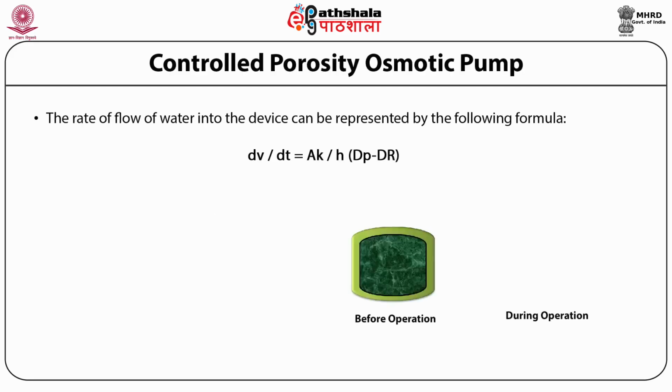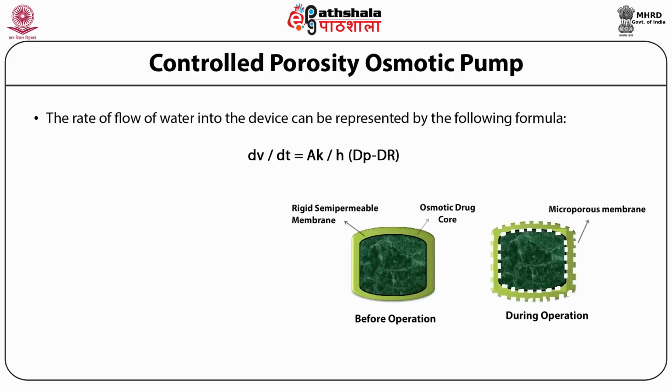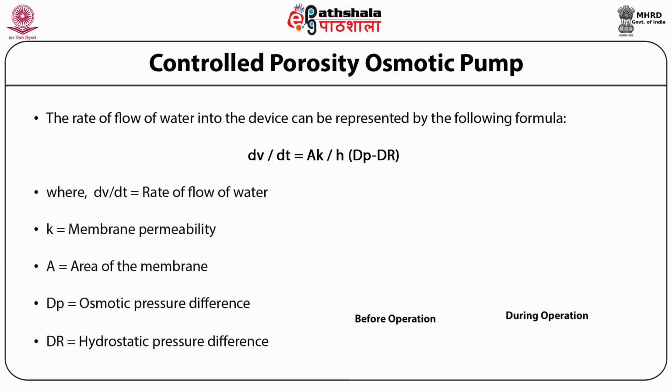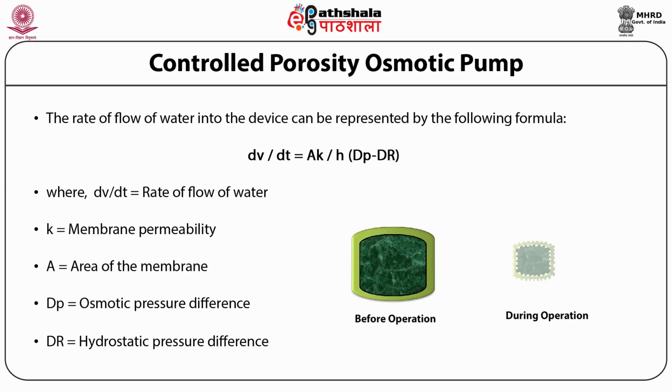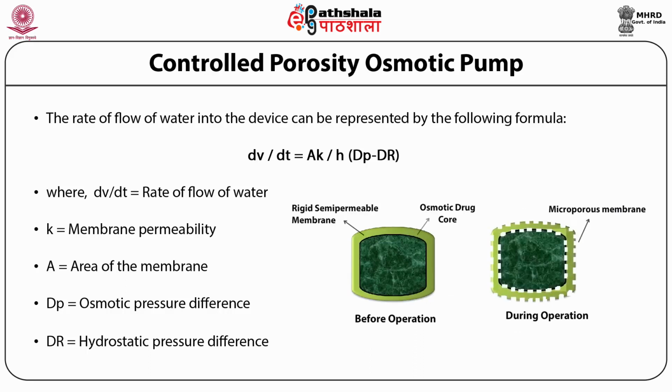The rate of flow of water into the device is governed by the formula dV/dt = (AK/h)(dP − dπ). Here dV/dt is the rate of water flow, K is the permeability constant across the membrane, A is the area of the membrane, dP is the osmotic pressure difference, and dπ is the hydraulic pressure difference.